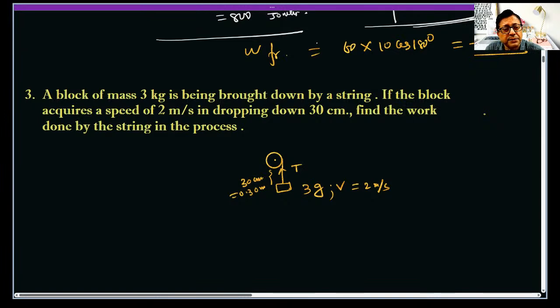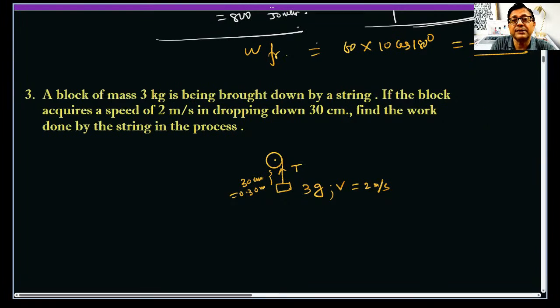Understand what I say? In this case, you need to find the tension of the cord, and for that there is an acceleration. What are the forces acting on it to get that acceleration?